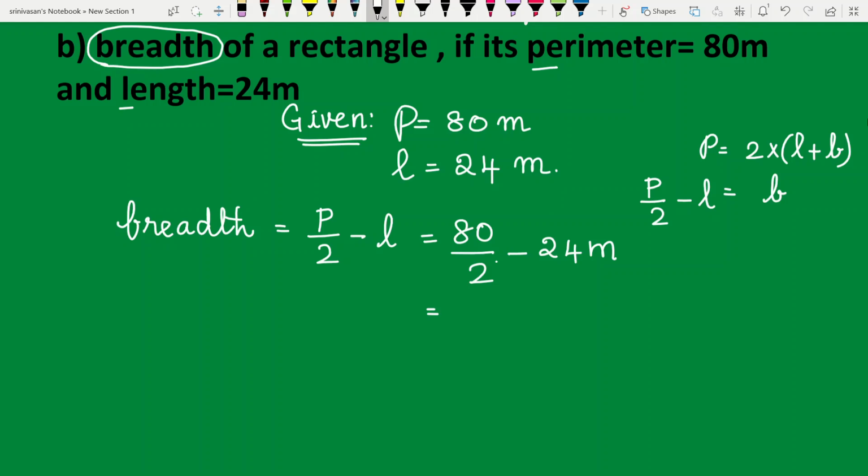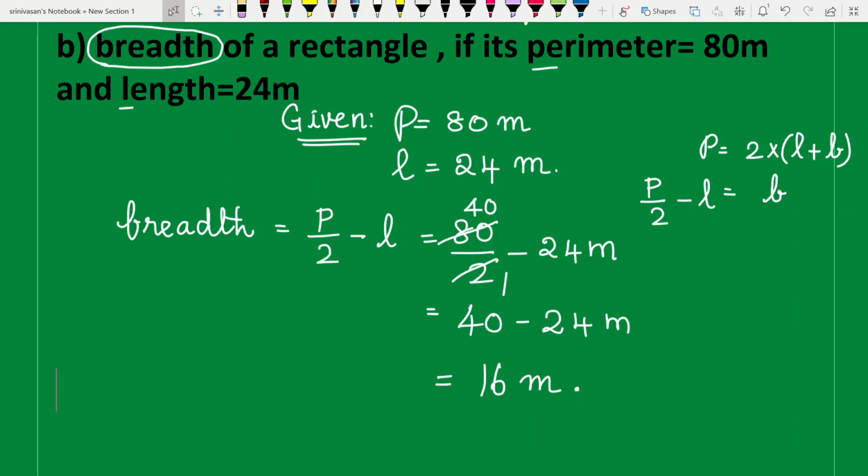80 divided by 2. 2 ones are 2, 4 twos are 8 and 0. Now we have 40 and 24, we are going to subtract. 40 minus 24 is 16. It is 16 meter. Now we got the answer. What is the answer, children?